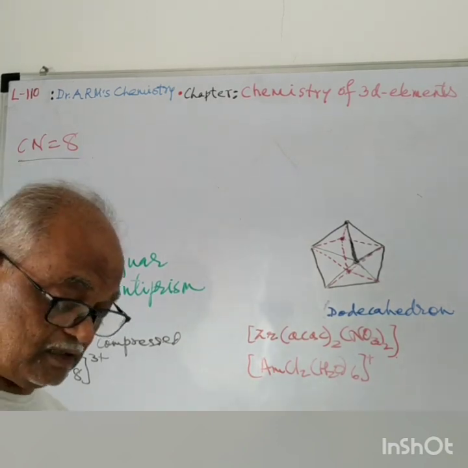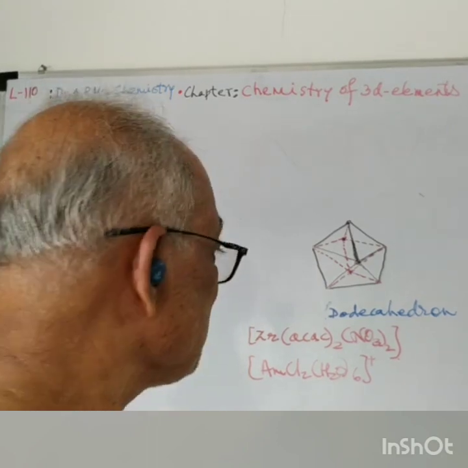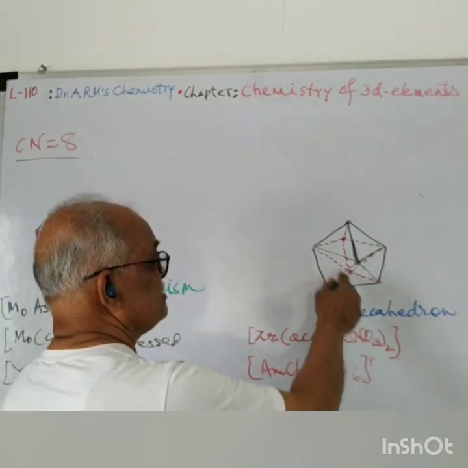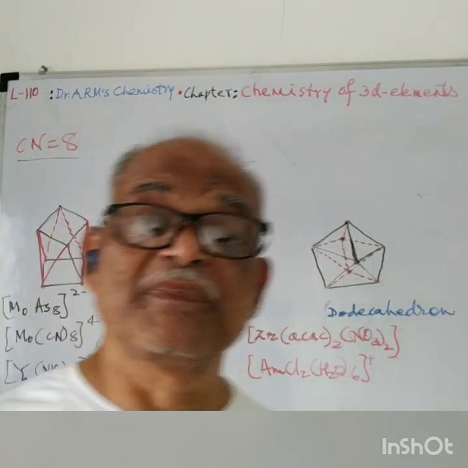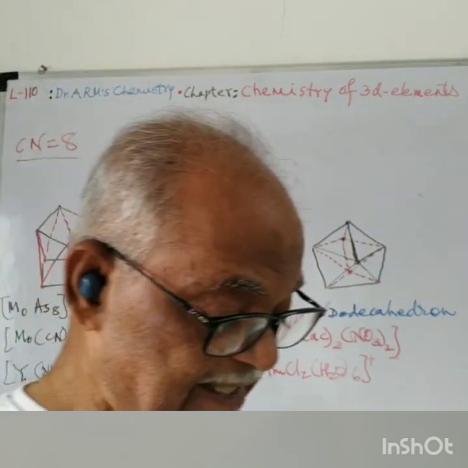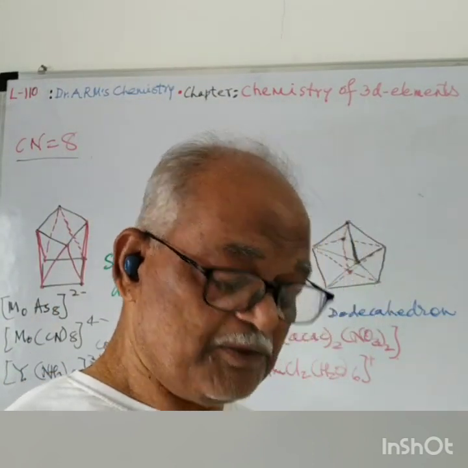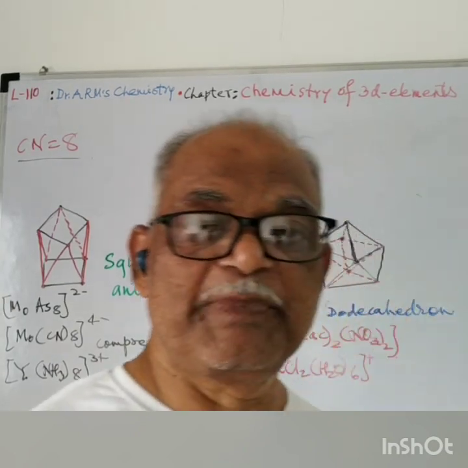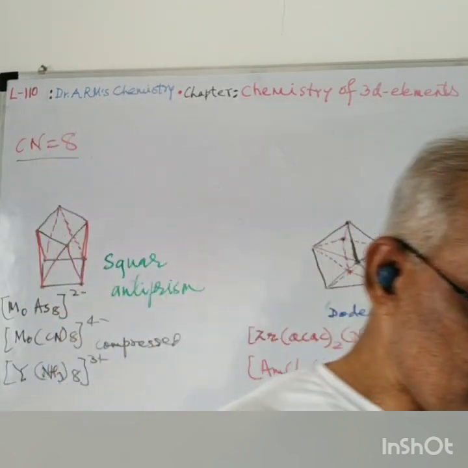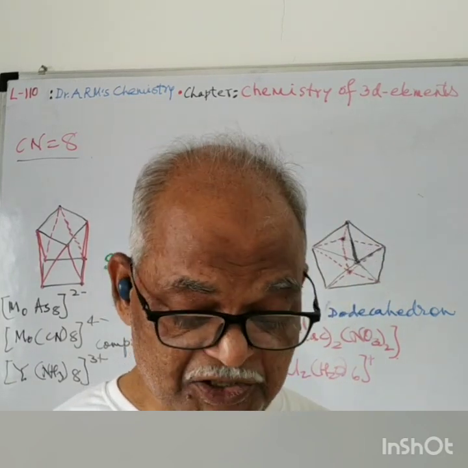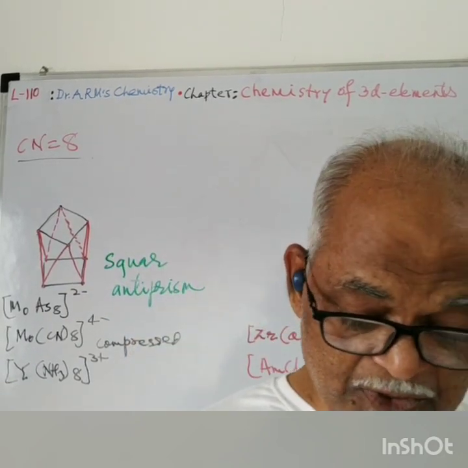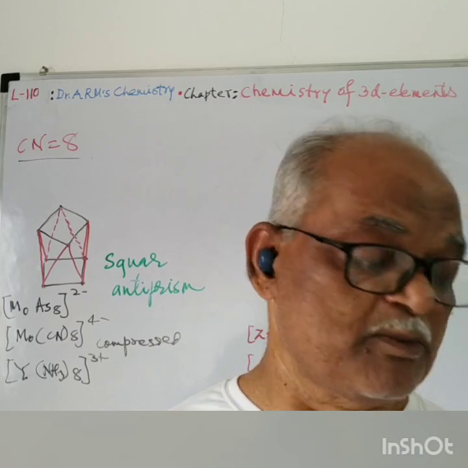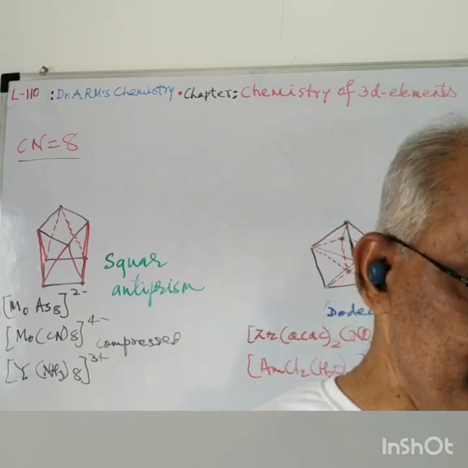Here the central ion is expected to be larger because the coordination number should be higher, that is 8. So in order to achieve this requirement, we are expecting transition metals which are larger in size, so that they will be able to accommodate the 8 ligands.